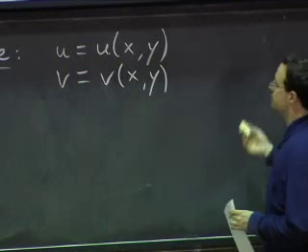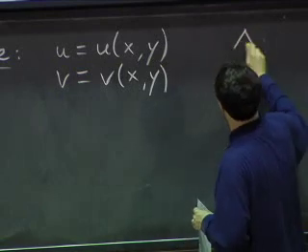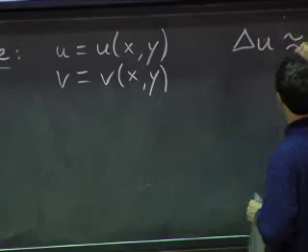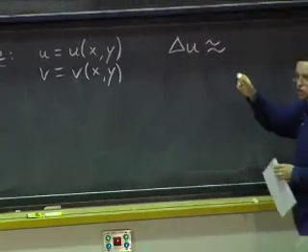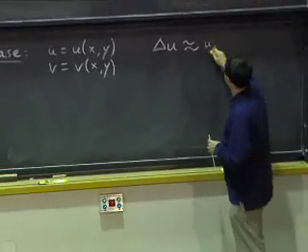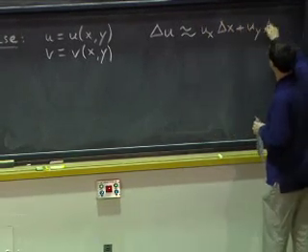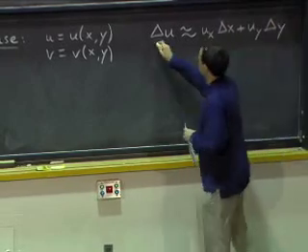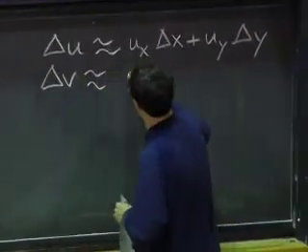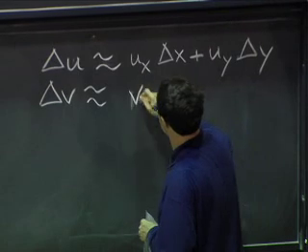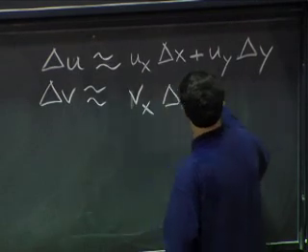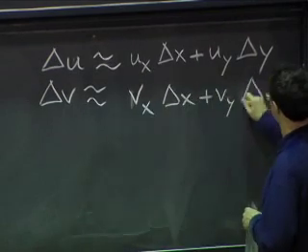So we'll have an approximation formula which tells us that the change in u, if I change x or y a little bit, will be roughly u sub x times change in x plus u sub y times change in y. And the change in v will be roughly v sub x delta x plus v sub y delta y.